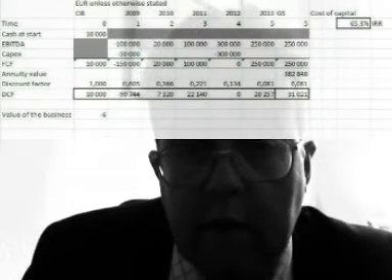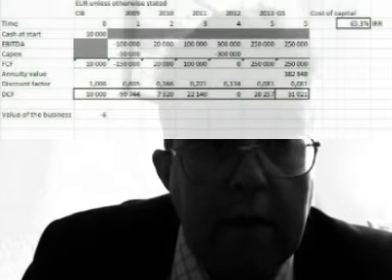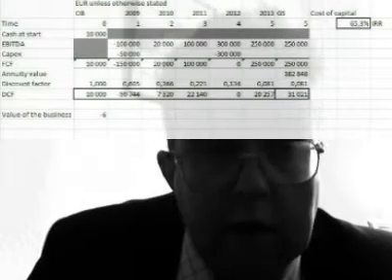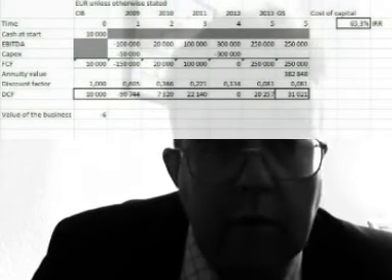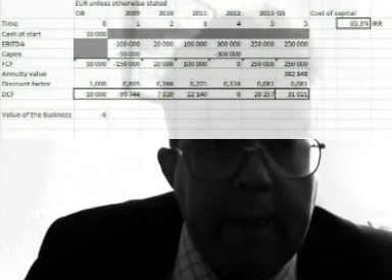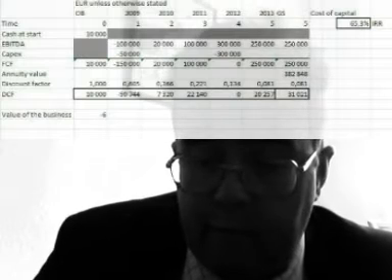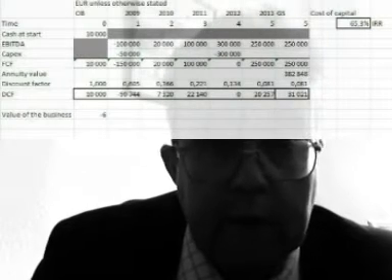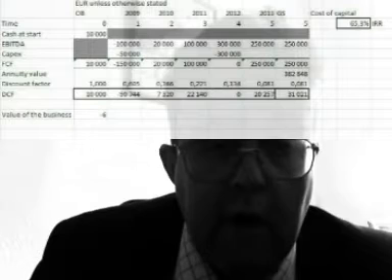Oh, hang on, I didn't use the right point. This continental version needs me to use the comma. 65.3% gives you only a value of minus 6.